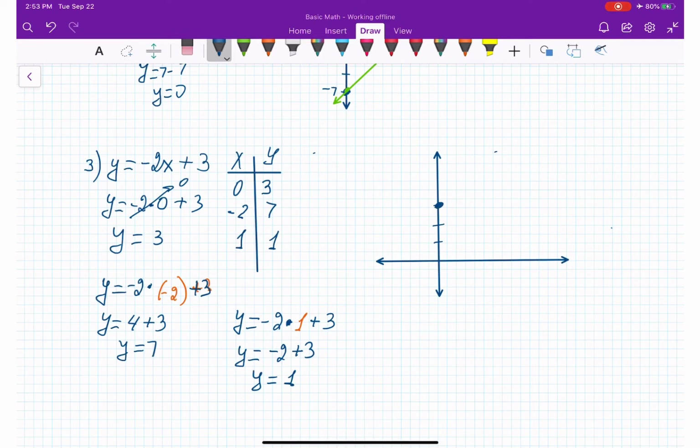Here it is. Second one, x is negative 2, 1, 2. Okay, let's see, y is going to be positive 7, it's going to go far up. Let's see, this is 3, right? 4, 5, 6, 7. Okay, negative 2.